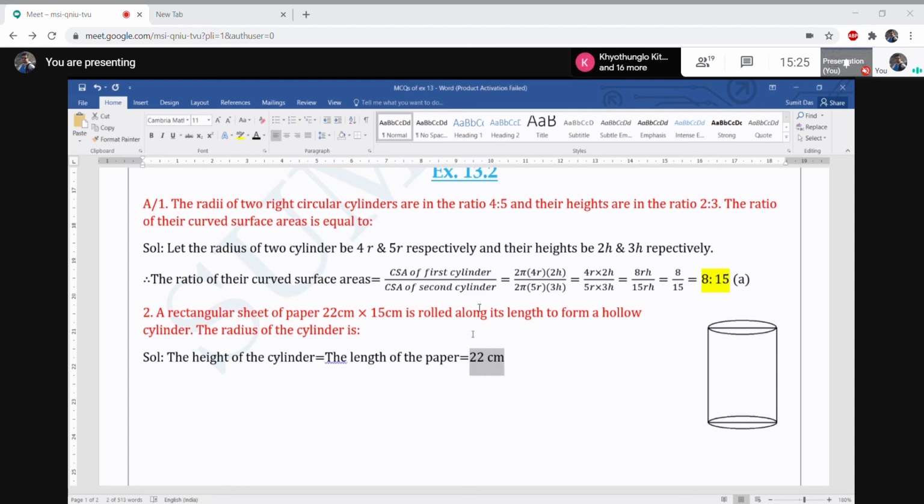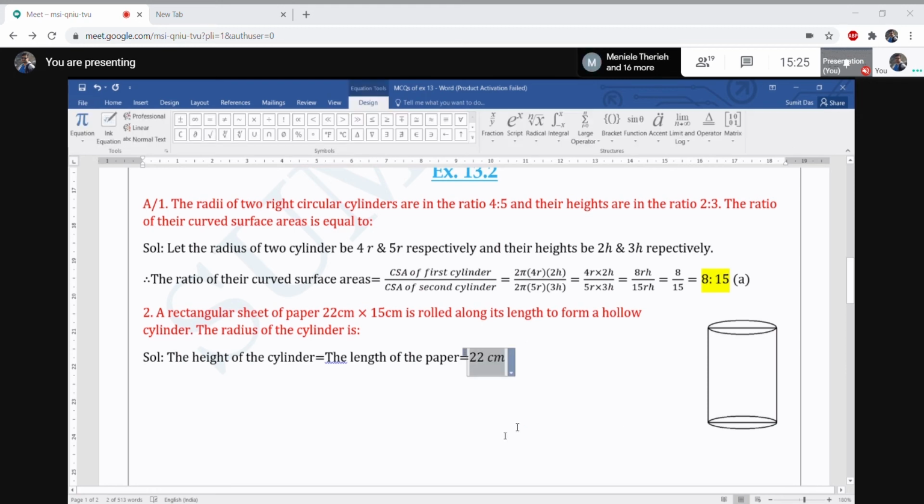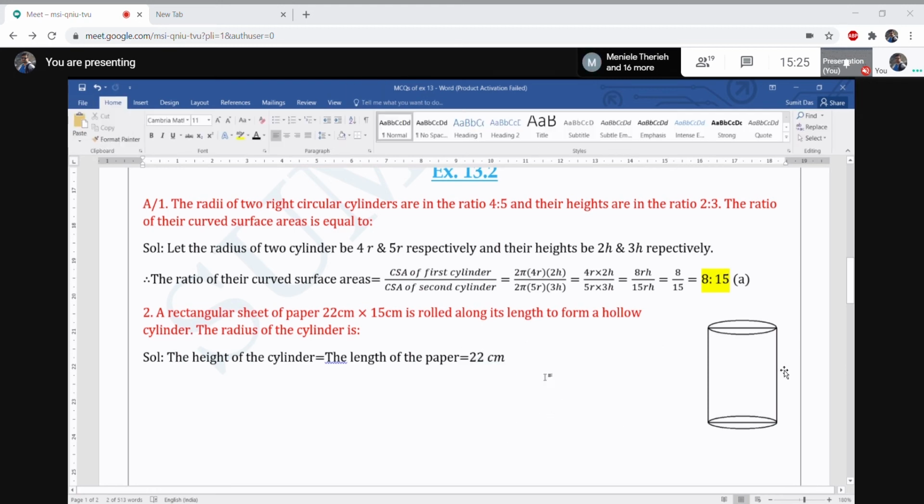Then another thing we need is the radius. We have to find the radius of the cylinder. So how to find the radius? What is this curved part?